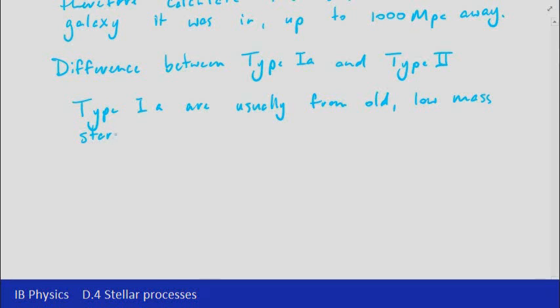and we also know that they have no hydrogen lines in their emission spectrum, and we know that because they are white dwarfs, or caused from white dwarfs, so no hydrogen lines in the emission spectra, and that's because all of the hydrogen fuel has already been used up.